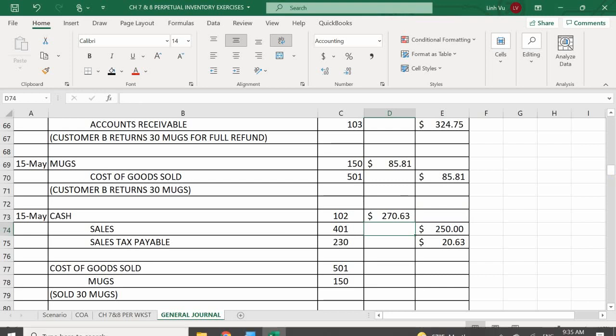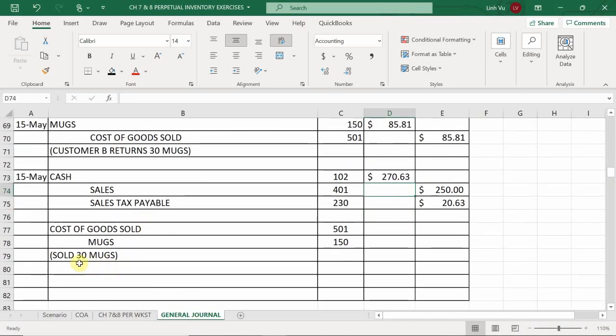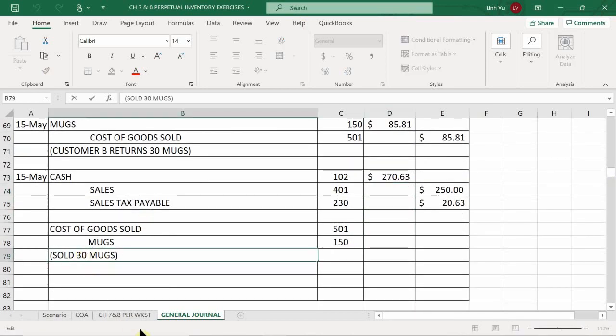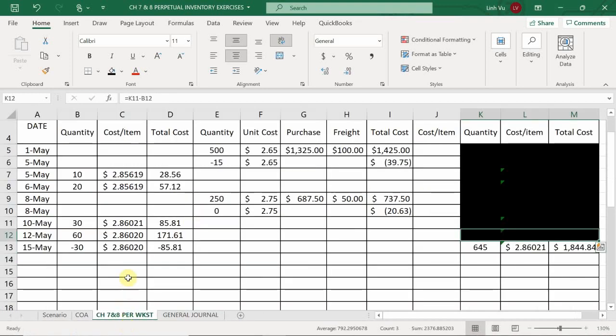Good. So therefore, now we sold stuff, right? We sold 25 mugs. So in this case, cost of goods sold, I need to go to my inventory worksheet.